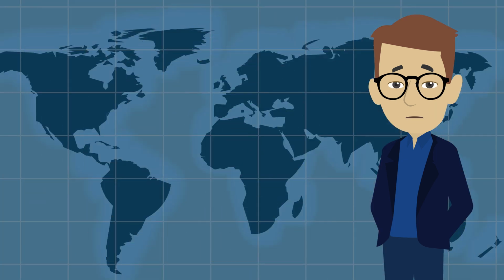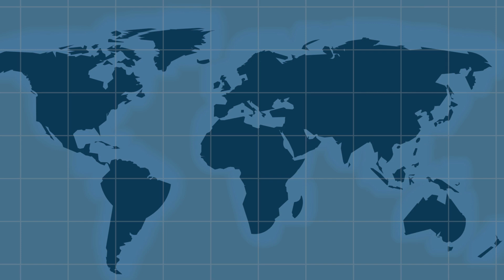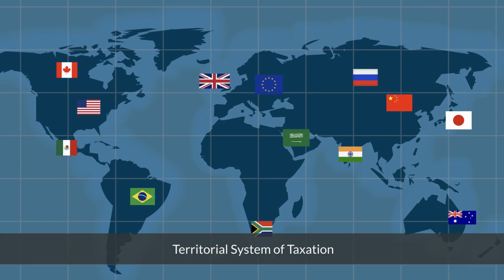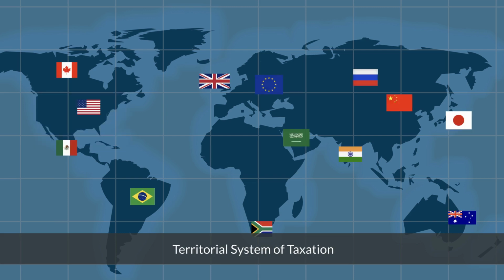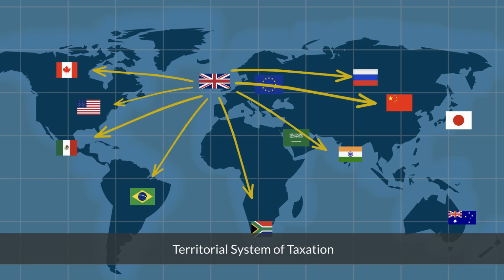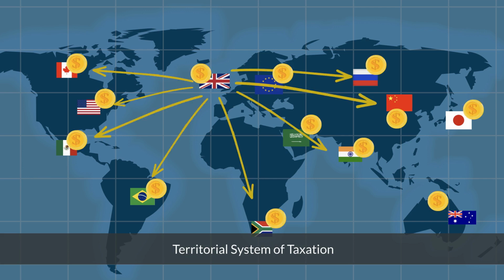Starting at square one, there essentially are two overall paradigms for taxing cross-border transactions. One, based on the source of the income, a territorial system, and the second, based on the residence of the company earning the income, a worldwide system. In general, a territorial system taxes income in the country in which it's earned.